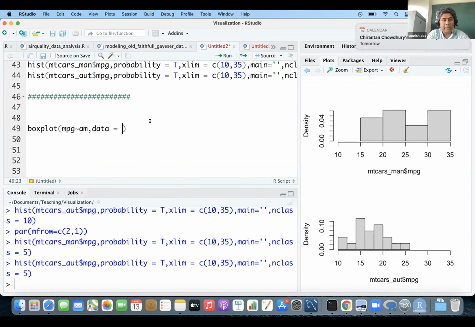Data equal to mtcars, color equal to maybe sky, orange and green.